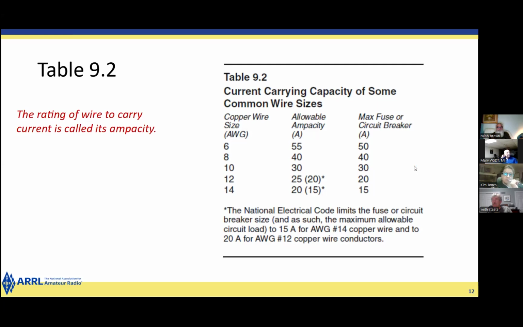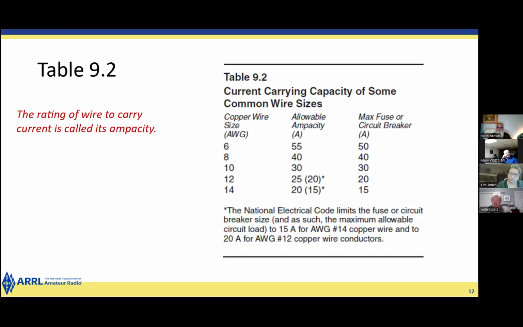So here's a table of typical current carrying capacities of some common wire sizes. The rating of wire to carry current is called ampacity. So allowable ampacity for copper wire 12 AWG is 25.